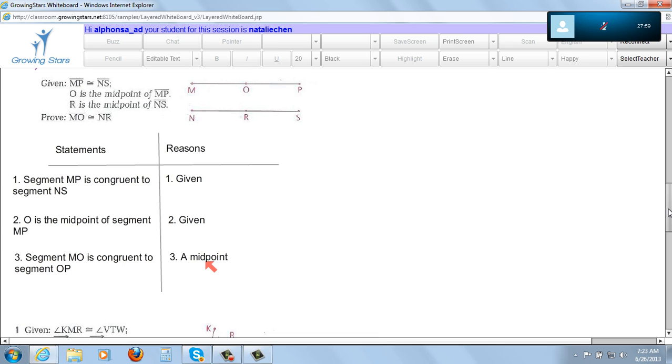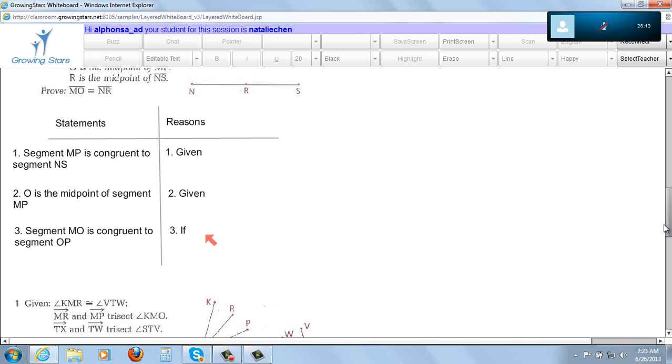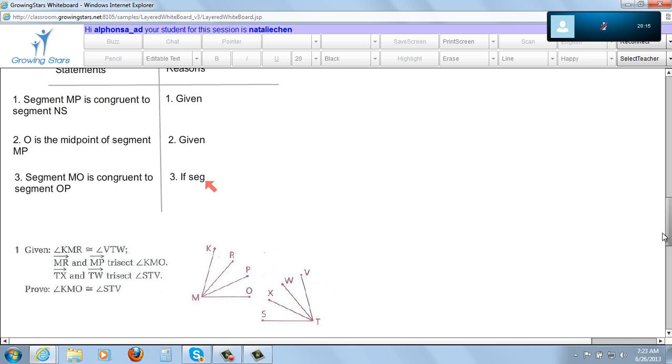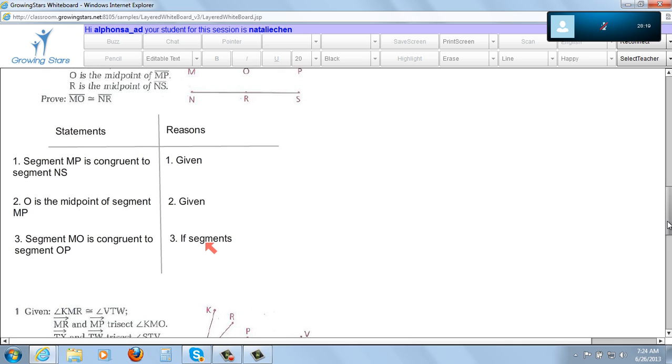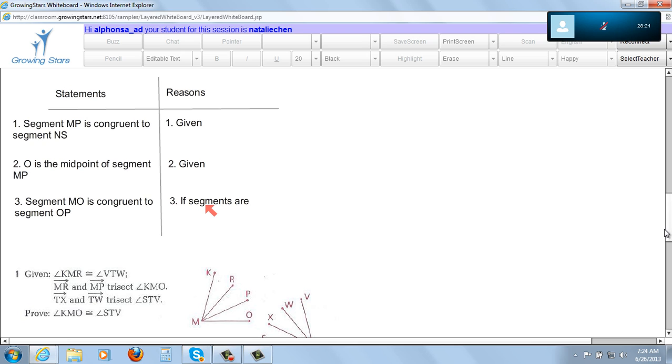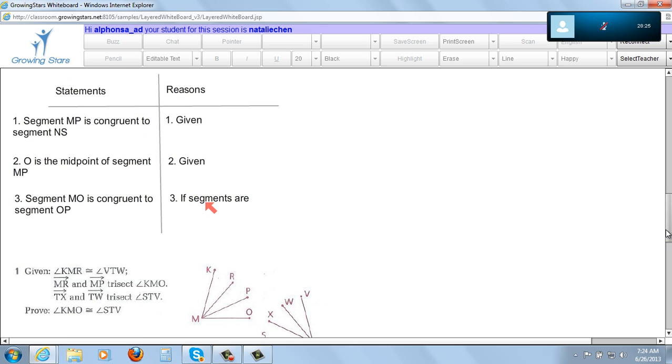Whenever you are getting a question like this, scroll up and see all the postulates. Sometimes you need vertical angles, corresponding angles, linear pair, same side interior angles, like that. If segments are congruent, you should check whether divisions are also congruent. One of the measures is given, 85, right? And the other is 2x minus 17.